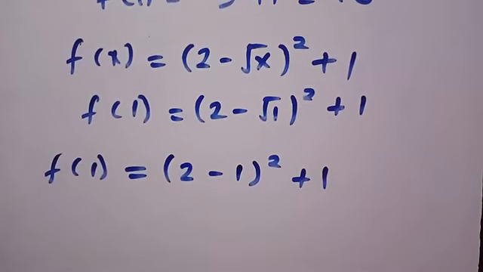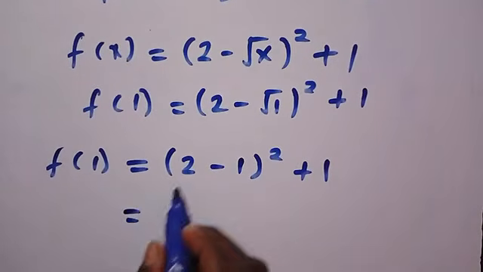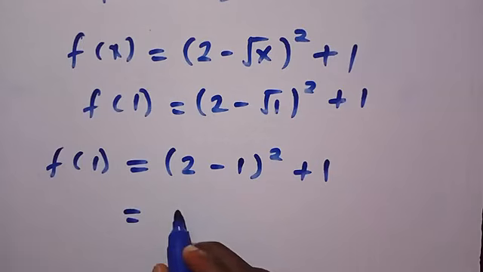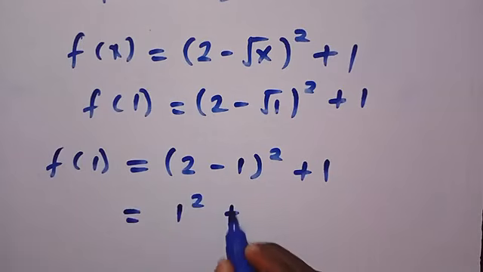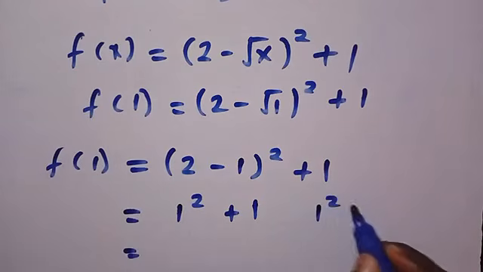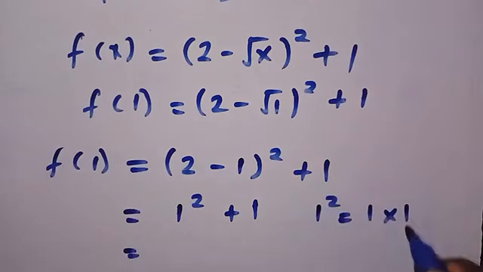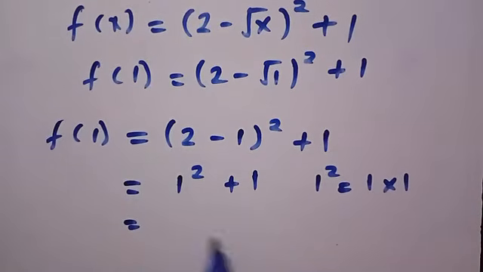We have 2 minus 1, that gives us 1 squared plus 1. So 1 squared is 1 multiplied by 1. It is not 1 multiplied by 2. Some people make that mistake. And we have 1 plus 1, which equals 2.